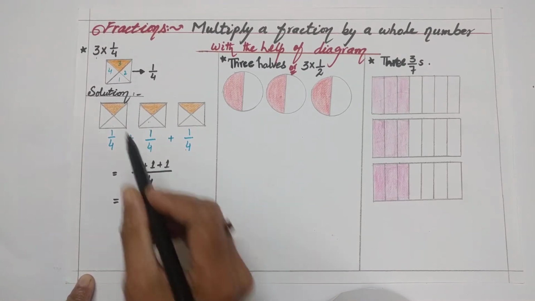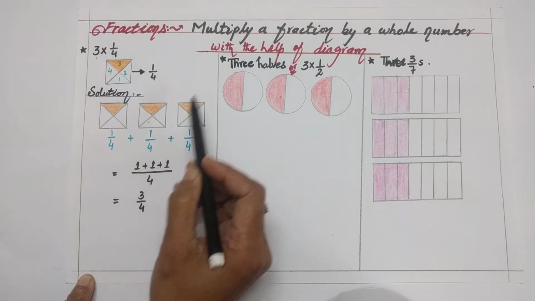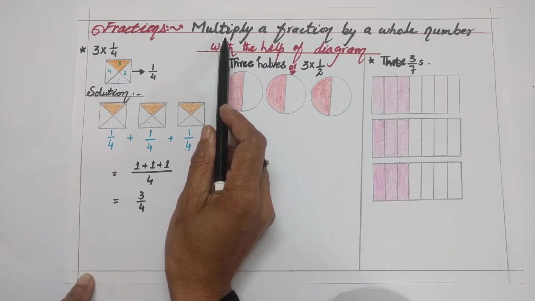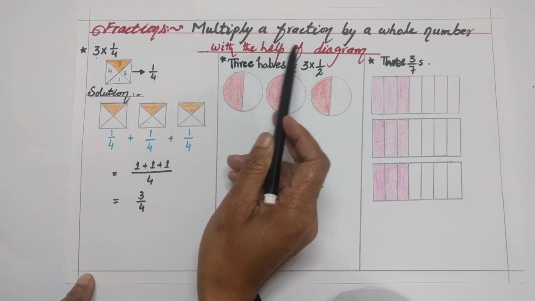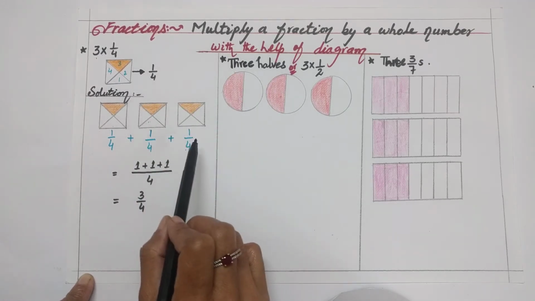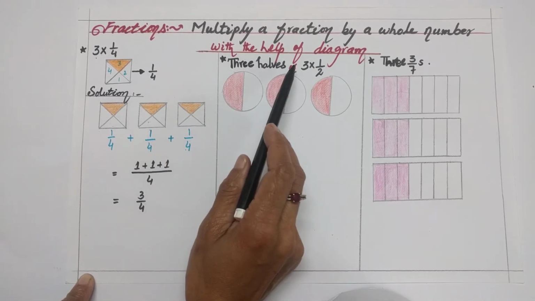3 into 1 by 4, as our question is 3 into 1 by 4, but as I told you earlier, we will multiply a fraction by a whole number with the help of a diagram. In this lecture I will just solve the examples with the help of diagram.